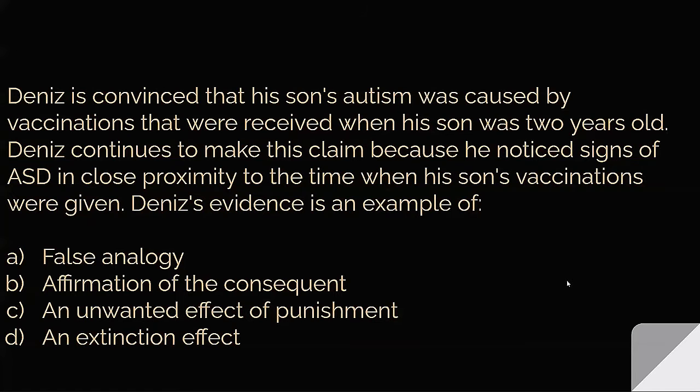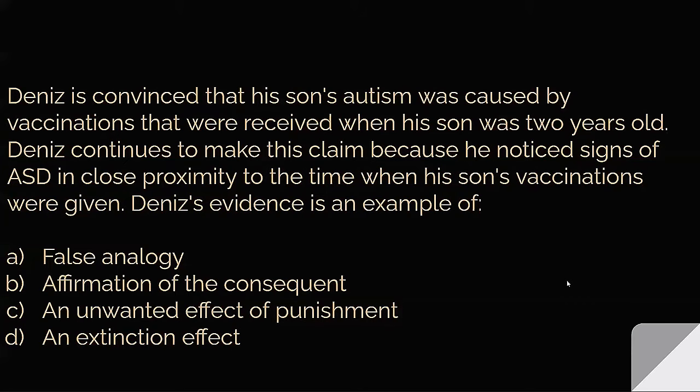You're affirming that. So if I could put that in words, the affirmation of the consequent that Denise is having is he believed that vaccines cause autism. So there's a statement, and then his son has autism, and this is where the affirmation of the consequent comes in.